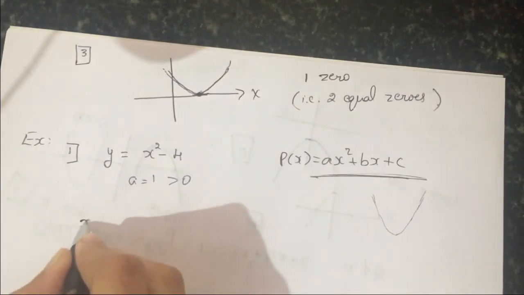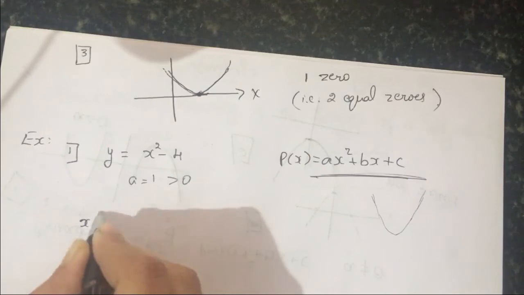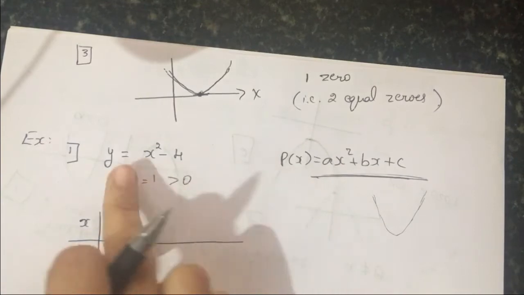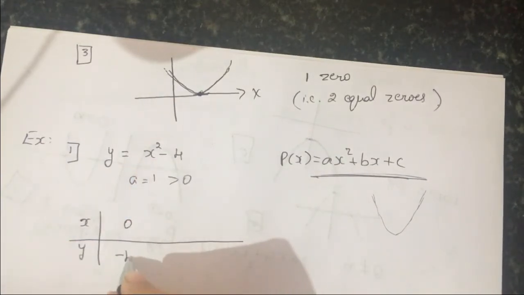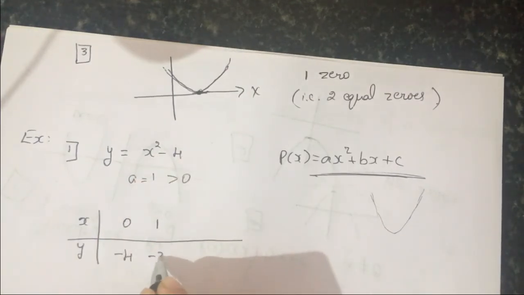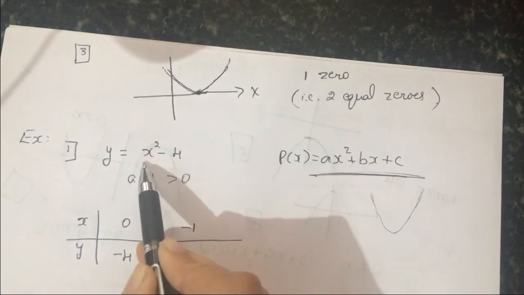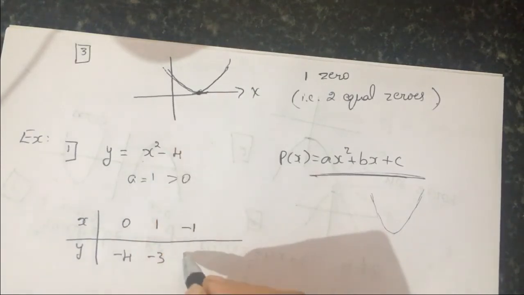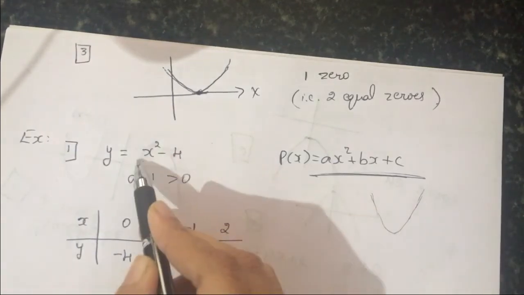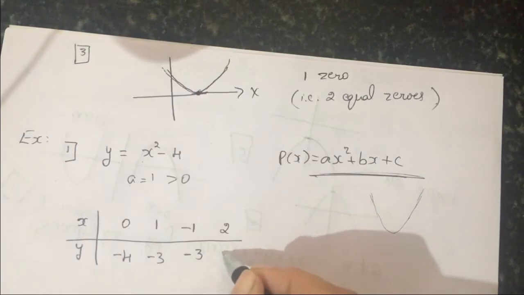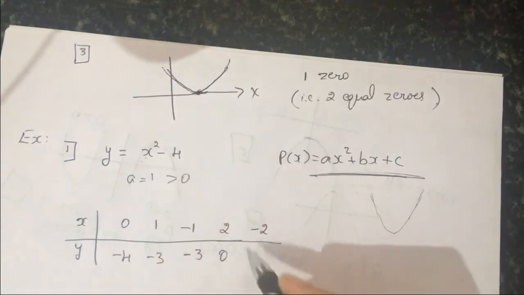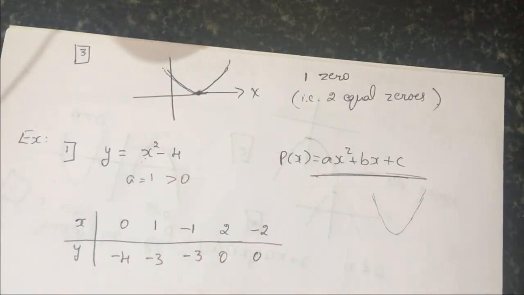We'll make a table of x, y values. When x is 0, y value is minus 4. When x is 1, y value is minus 3. When x is minus 1, this is again minus 3. And when x is 2, 2 square is 4, 4 minus 4 is 0. And when x is minus 2, again it is 0. Okay, this much is enough.